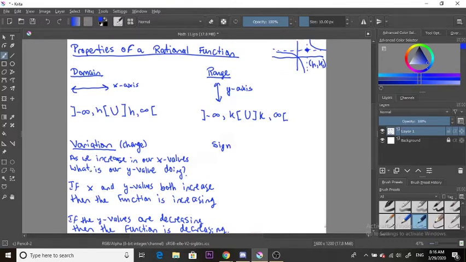Now, when we talk about variation and sign, we also want to look at the interval over which it is decreasing. So for the rational function, your variation is pretty much going to occur over your domain.